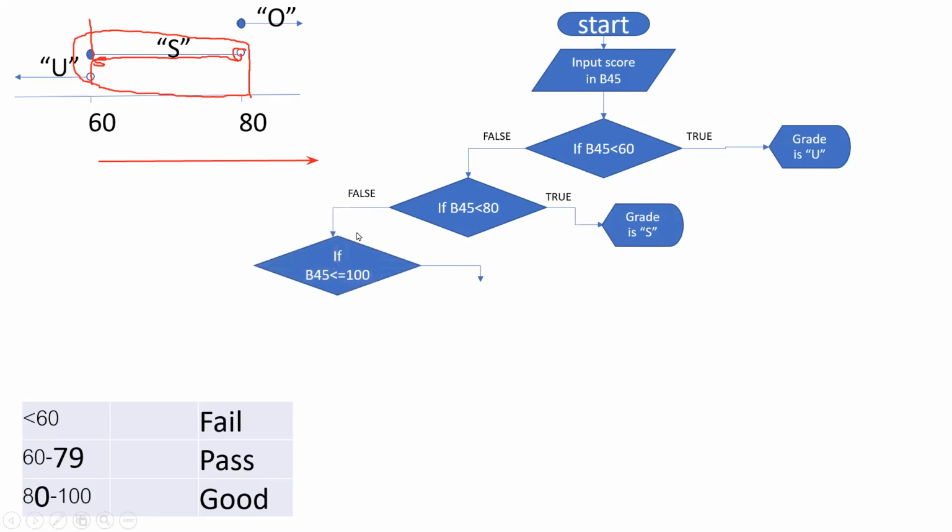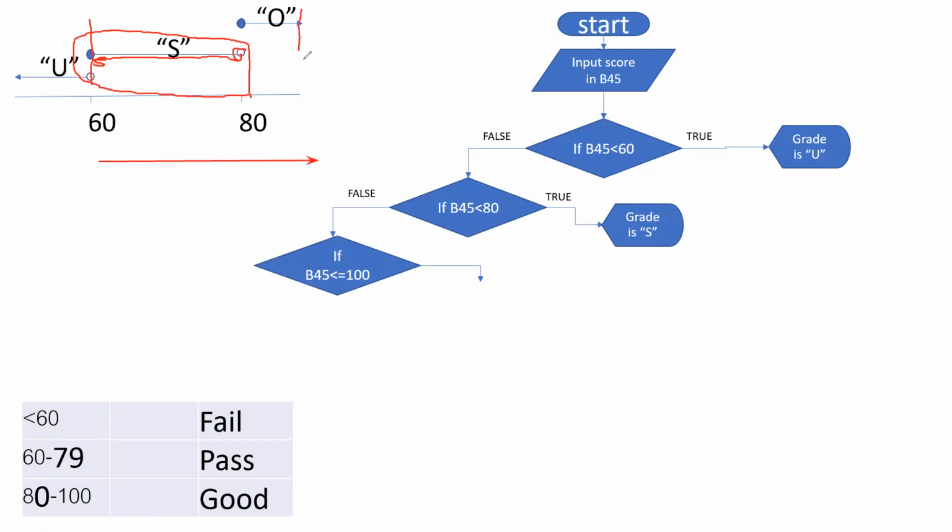Otherwise, somebody said you have to check that the score must be less than or equals to 100, otherwise it will be an error. For example, if somebody entered the grade 102, you want to report the error. In this case, I check if B45 is less than or equals to 100 or not.